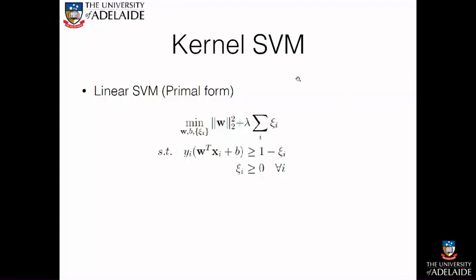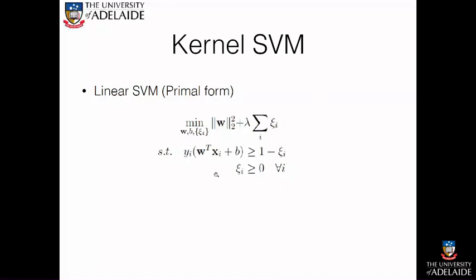In this primal form, if we want to solve it, we have to somehow access the original data, the feature xi. xi is the original data. So it will be very difficult to apply the kernel trick.